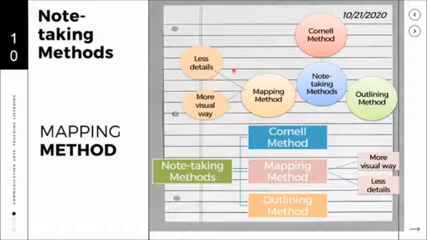This is how you are going to do it. It could be a bubble map, or it could be like this. Again, the mapping method or the mind mapping method is very helpful for visual learners, especially for visualizing connected topics and ideas.